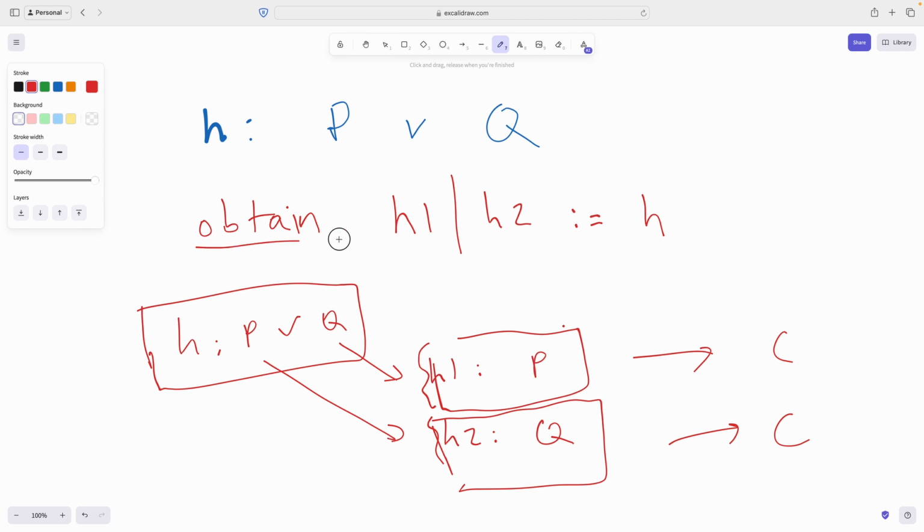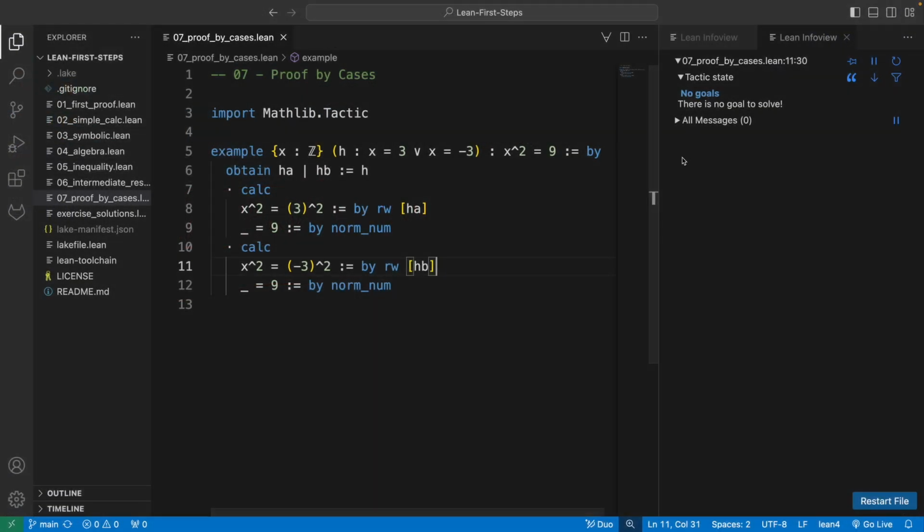So that's what obtain does. It splits a disjunctive hypothesis into the two pieces. So just to illustrate that, in case that isn't completely clear, if that was x equals 3 and that was x equals minus 3, then H1 would become x equals 3 and H2 would become x equals minus 3, and that's what we had in our code.